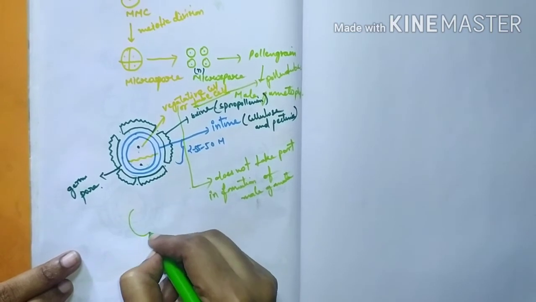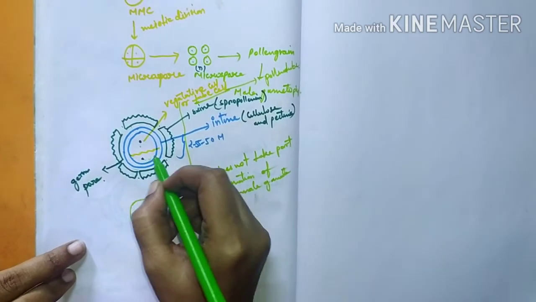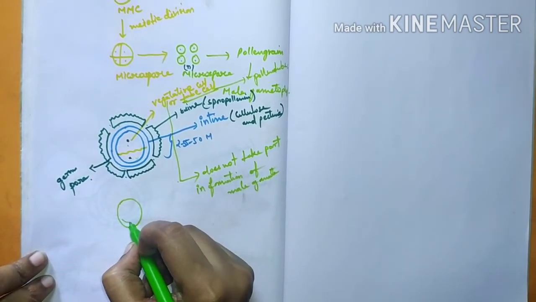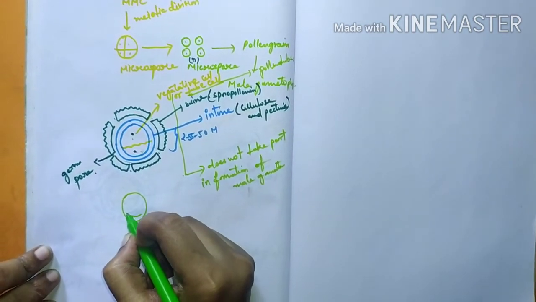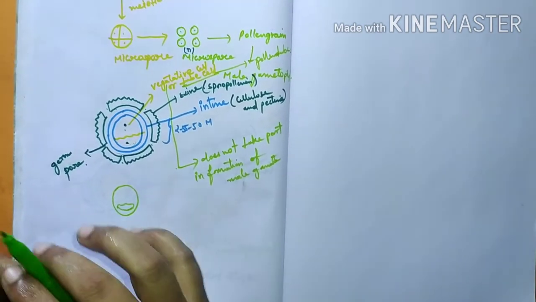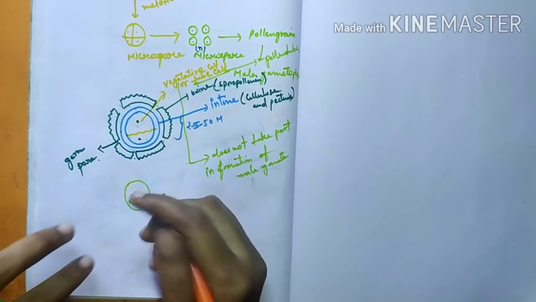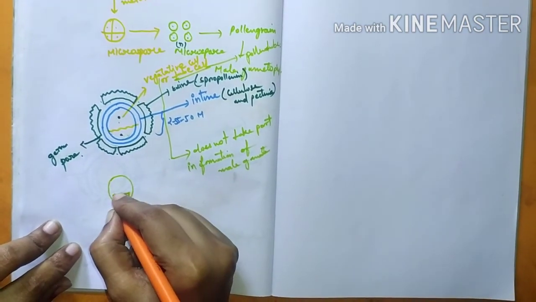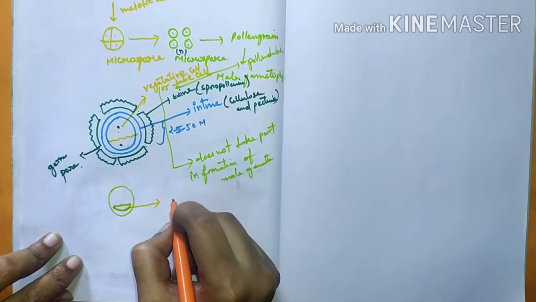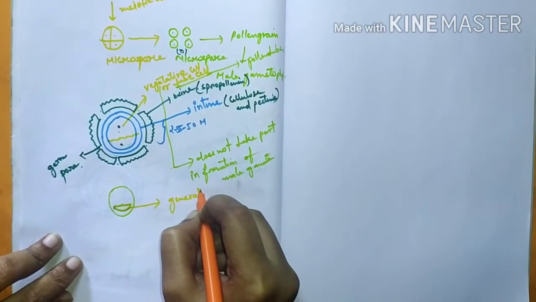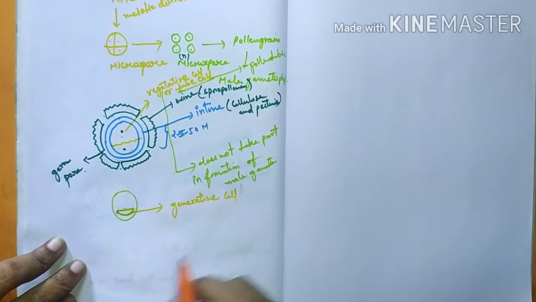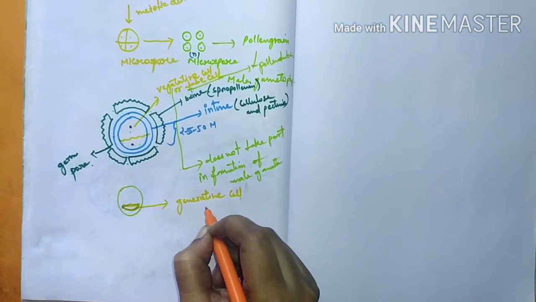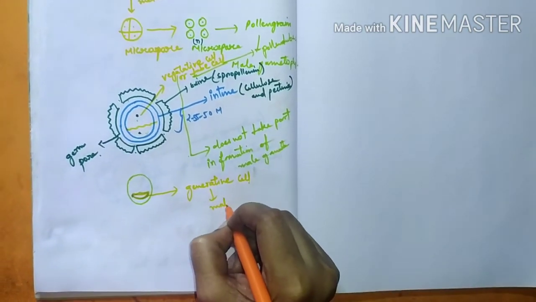After some time, the smaller cell floats inside the bigger cytoplasmic content of the vegetative cell. This cell is called the generative cell, and it is spindle in shape. This generative cell is the male gamete.